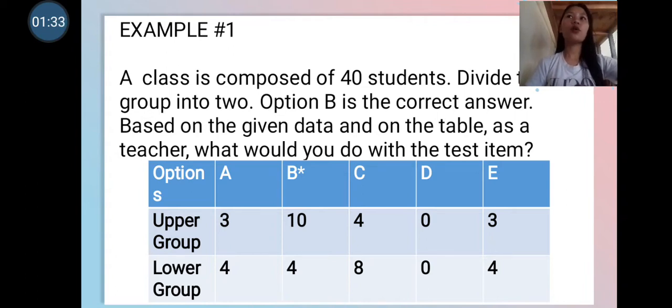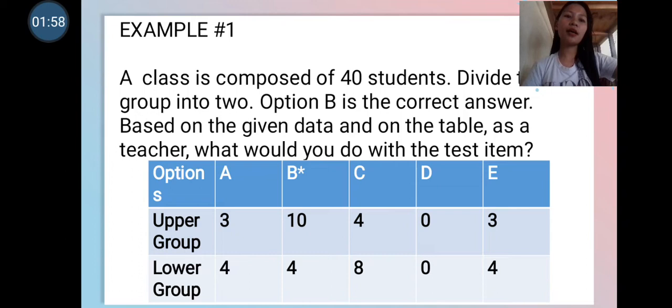Okay, so now here we can understand ano ba talaga ang gagawin natin for those particular items based on the value presented on the table. So, we all know that we are going to total the upper group.